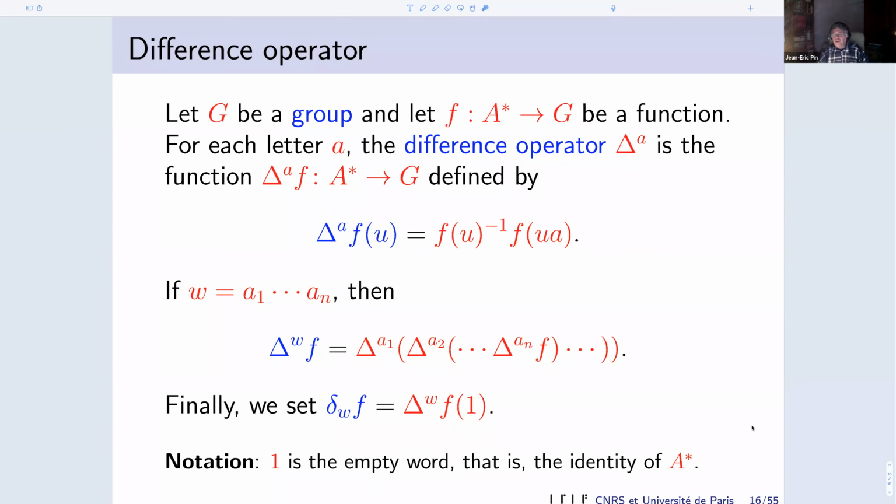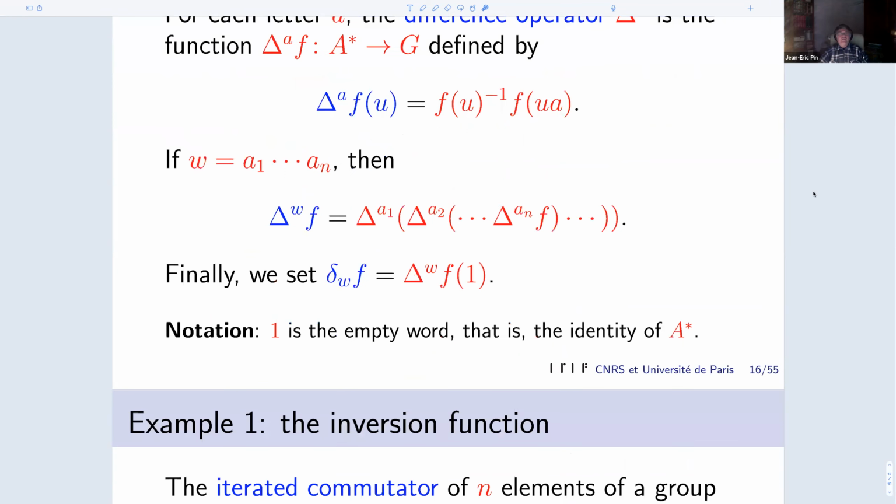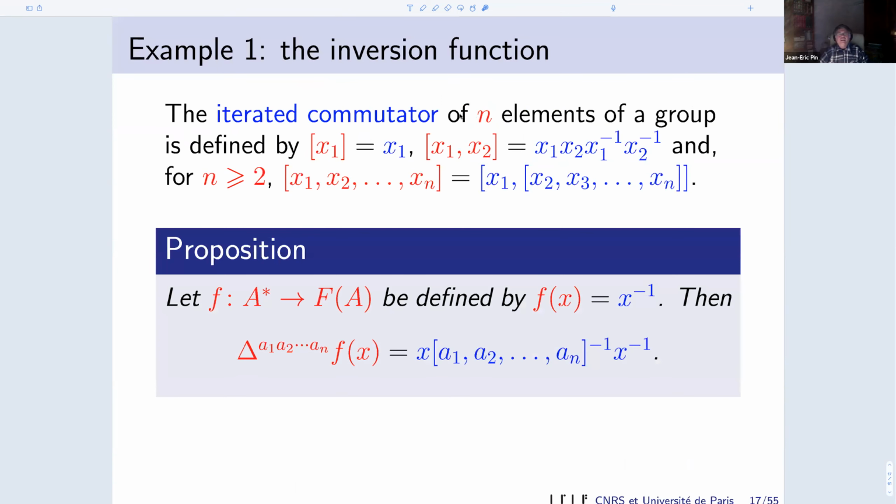If you have questions, or if I go too fast, just tell me. So here's a funny example. What I want to do is to find the iteration of the difference operator for this function, which maps a word x to its inverse in the free group. Very simple question, a simple function.